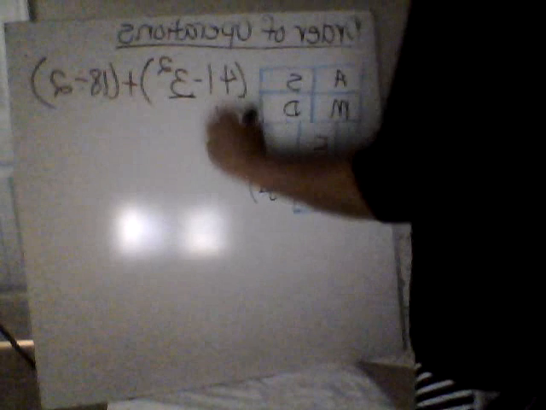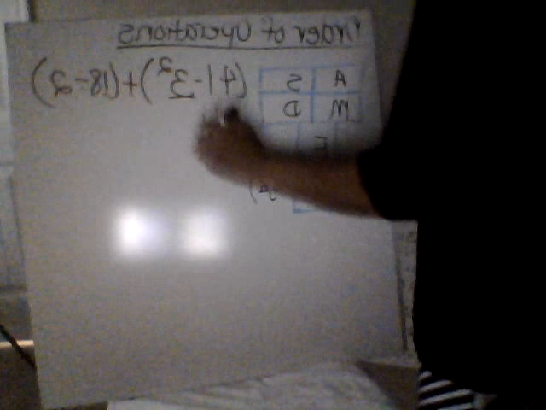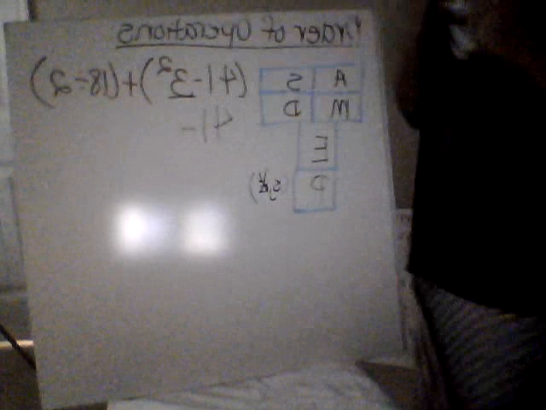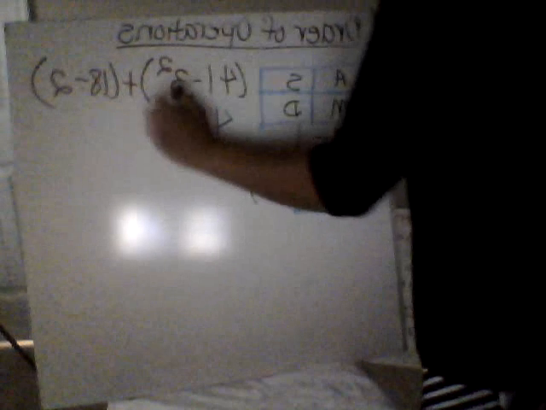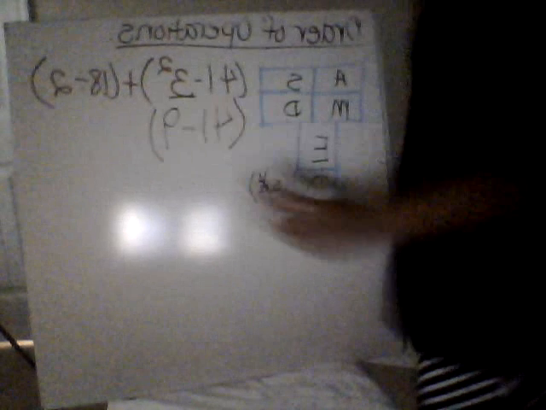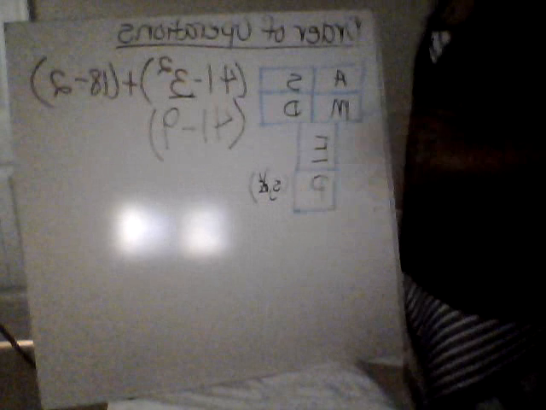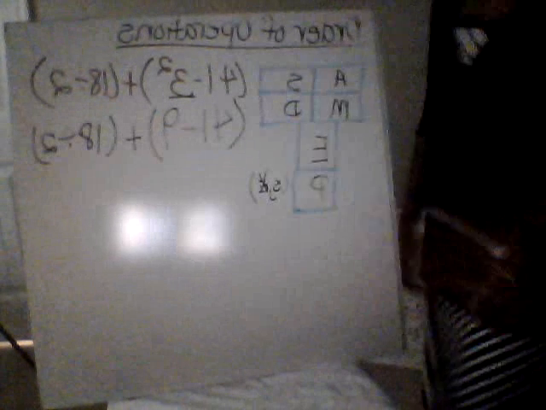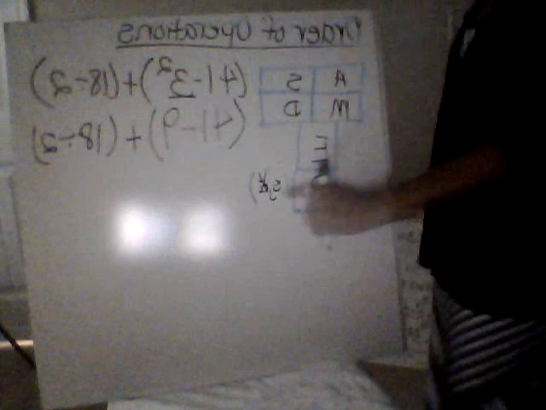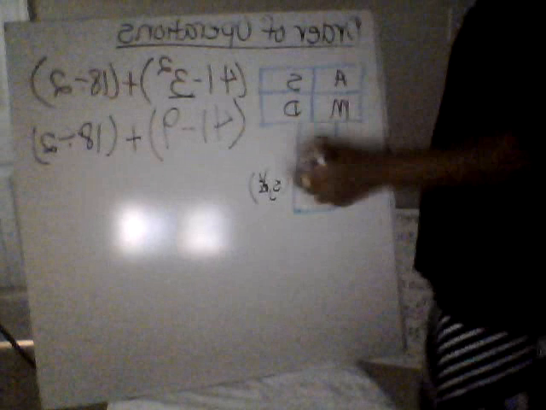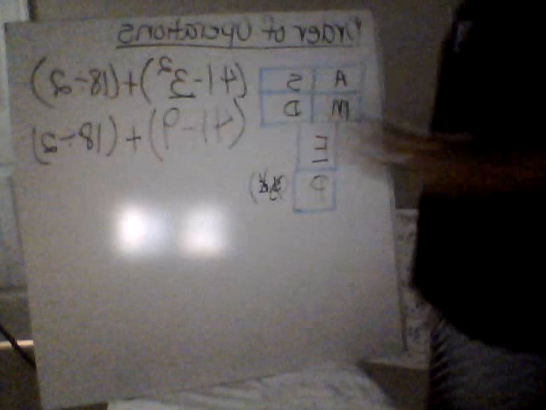So 41 minus, and 3 to the 2nd power is going to be 3 times 3, which is 9. So this is going to be 41 minus 9. And I'm still going to put it back in parentheses because I haven't done everything that's in the parentheses yet. Plus 18 divided by 2. So then I'm going to go back to that same set of parentheses because I hadn't taken care of everything that's in there. And I'm going to do the subtraction. 41 minus 9 is 32.